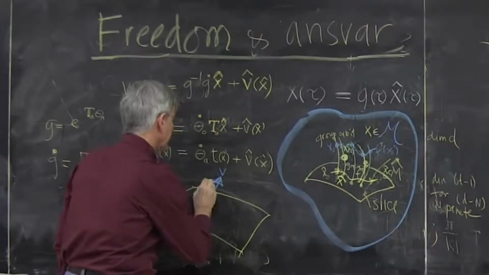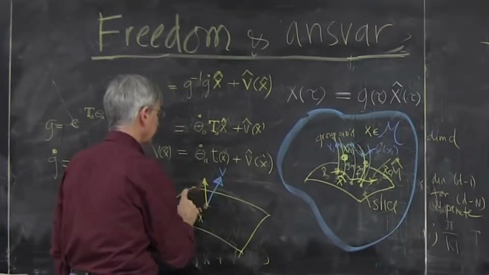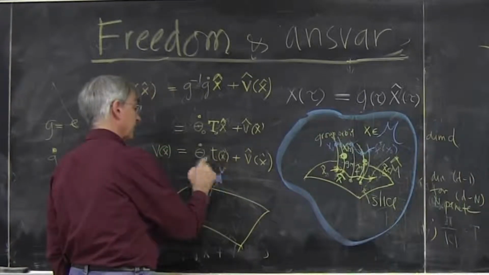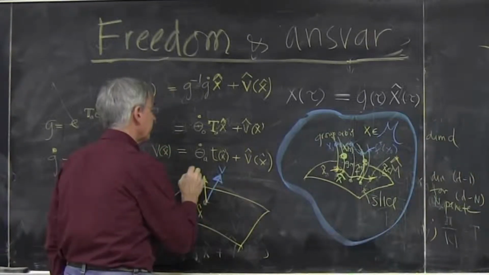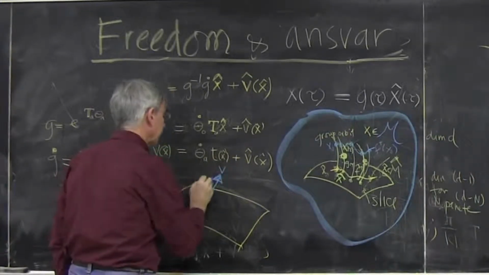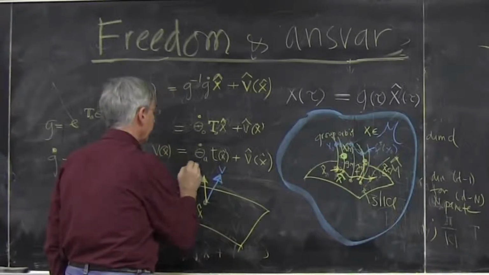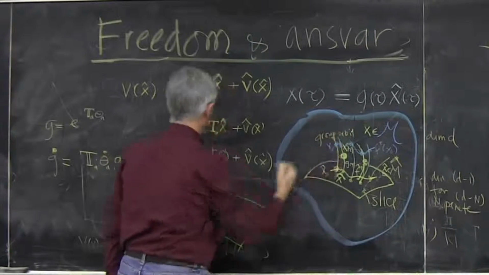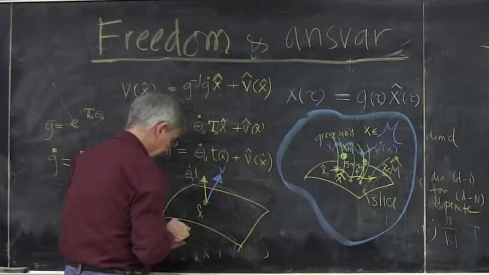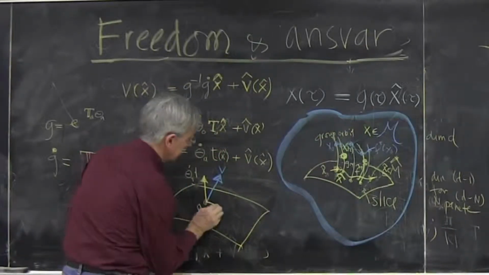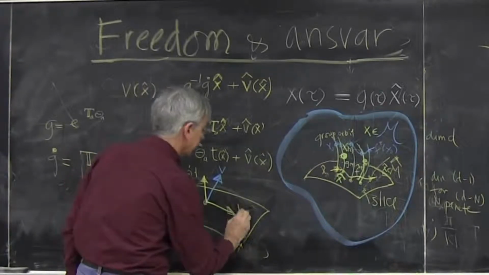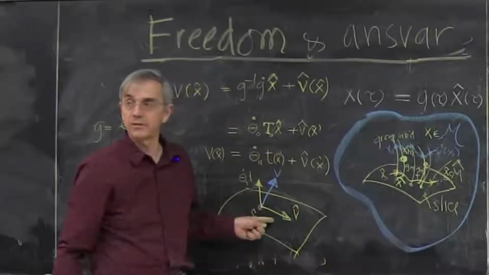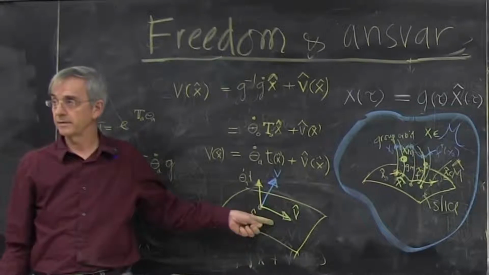The tangent is pointing here. So there is a velocity which is normal to the fiber, which is this part, which is phase velocity times that. So this is phi dot theta. This is how you are moving around here. And then there is the other guy, which we call v hat. And this one by construction stays in the space.